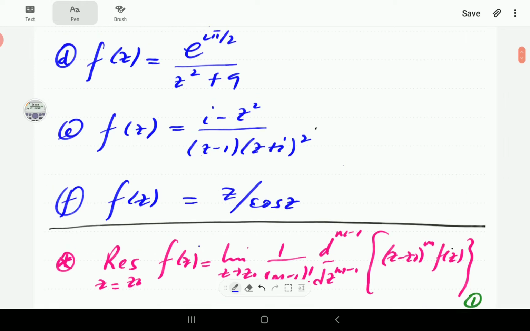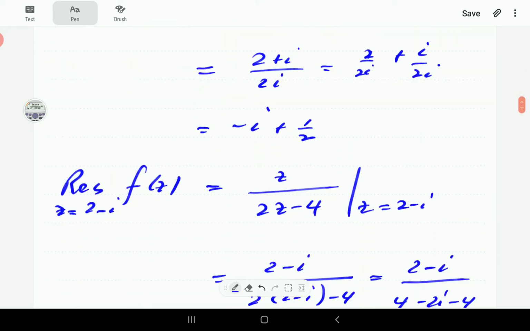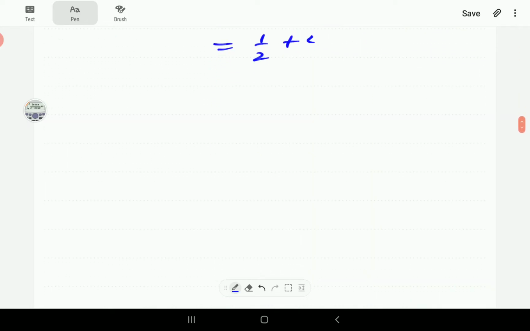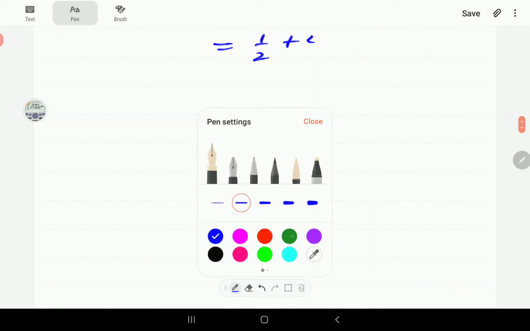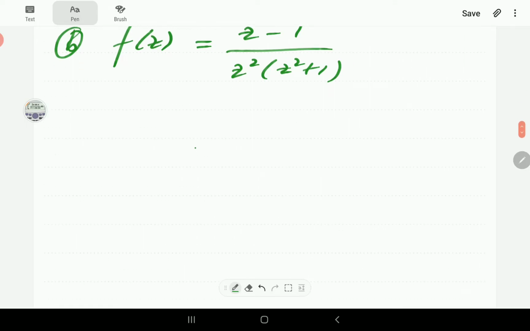We're now going to go to part B. In part B, f of z equals z minus 1 divided by z squared times z squared plus 1. There are going to be singularities at 0, and 0 is going to be a double pole.